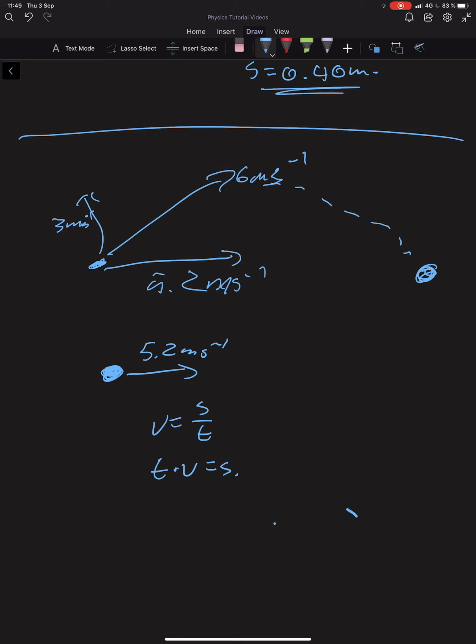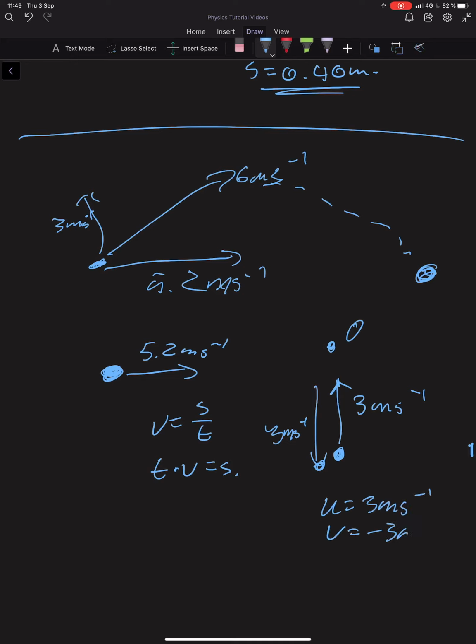Alright. So we might consider the vertical movement. And when the ball lands, since it's starting to go up by 3 meters per second, it will also land going 3 meters per second the other way. This makes intuitive sense. It's going up, it's reaching its point of 0, and it's going down again. So, u equals 3 meters per second, v equals negative 3 meters per second.